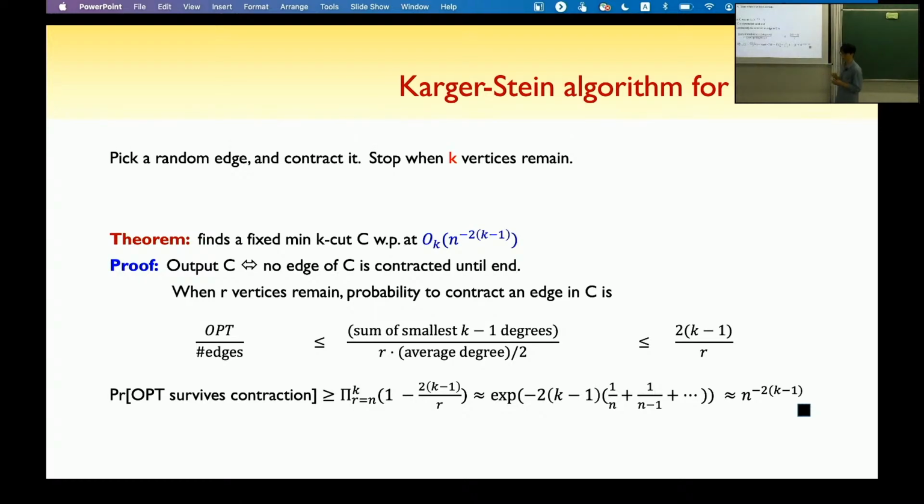Everything works just fine. So if you consider the weighted version, the first inequality doesn't hold, right? First inequality? No, I think it holds because it's going to be the sum of weights of the k minus 1 degrees. I mean, just convert degree to weighted degree.